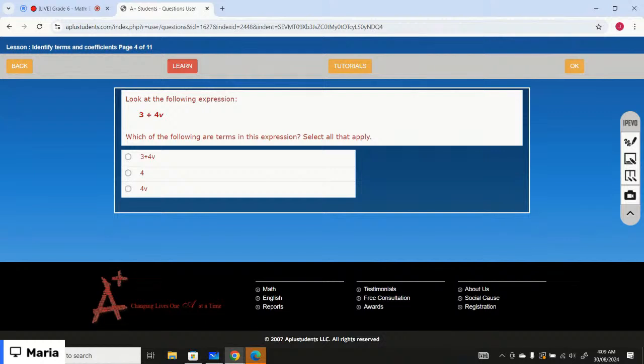The correct option is 4v is the term, right? 3 plus 4v is not the term. 3 and 4v are the terms, right? So the correct option is 4v. Option number 3 is the correct option.